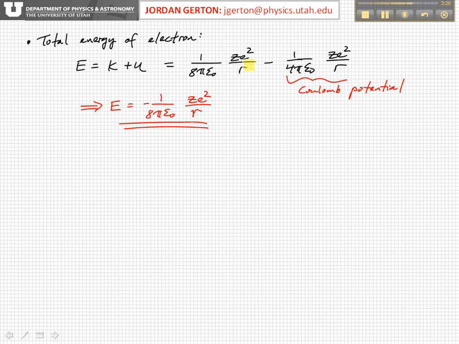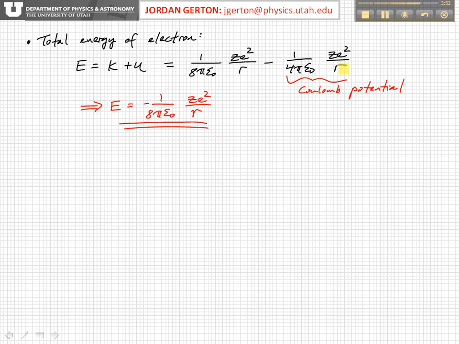Again, the kinetic energy is what we wrote down on the previous page, and the potential energy is related to the Coulomb attractive force, so it's the integral of that force. What we find is that it's minus 1 over 4 pi epsilon naught Ze squared over r. Instead of an r squared as for the force, here we have an r.